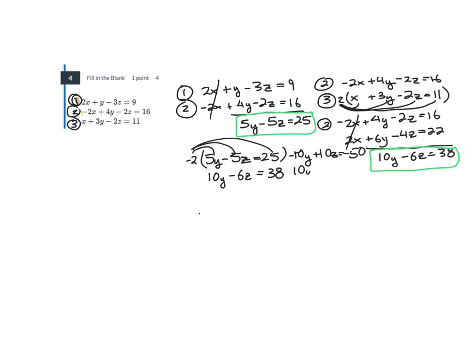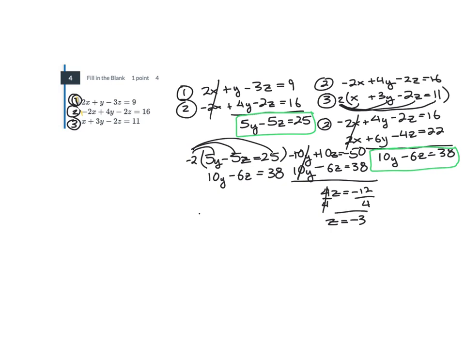And then I have a positive 10y minus 6z is equal to 38. That bottom equation does not change. So I eliminate my y's. I add straight down for my z's. So I have 4z is equal to negative 12, divided by 4, and z is equal to negative 3.